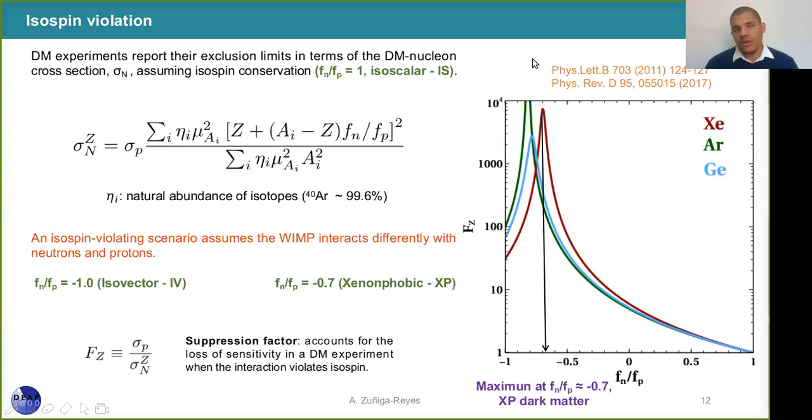This means that there is a cancellation between the proton and neutron coupling contributions to the cross section. But in the case of elements with multiple isotopes, the interaction is very suppressed, but is not zero. And it is exactly this maximum for xenon that defines the xenophobic dark matter point at minus 0.7.